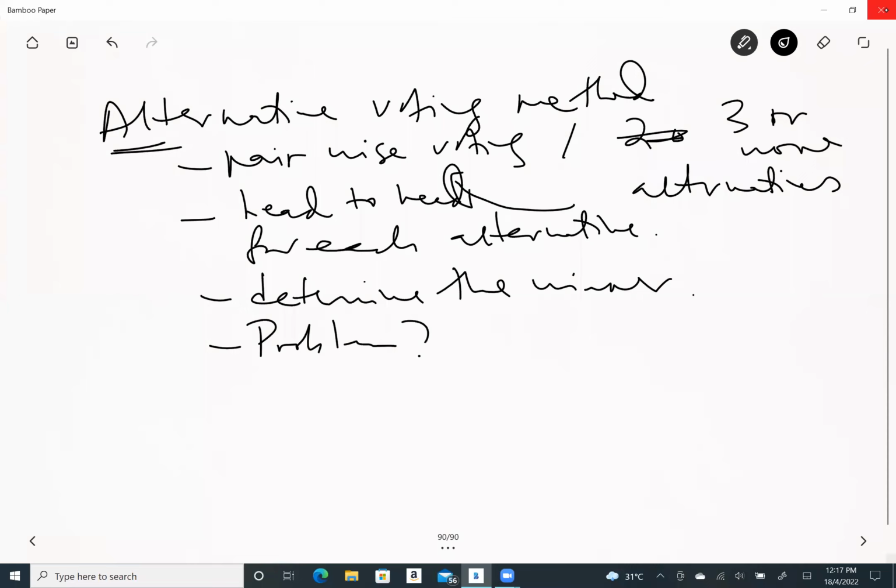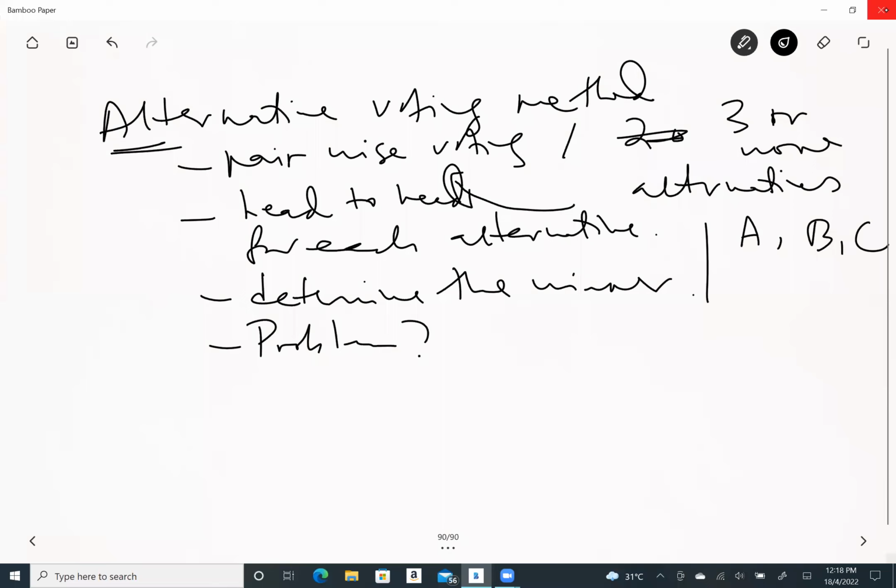Example. Suppose you want to elect your student representative, and you have three candidates, A, B, C. How do you select one from the three? You want only one.